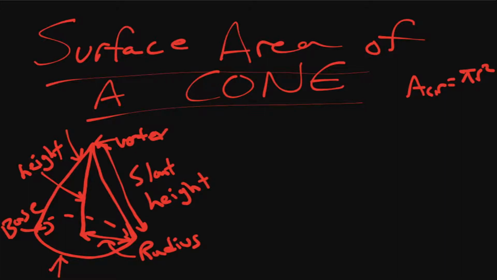If we look at this slanted area, we refer to it as the lateral area of the cone, referring to the side area of the cone. So like this area right here, going all around. The lateral area.